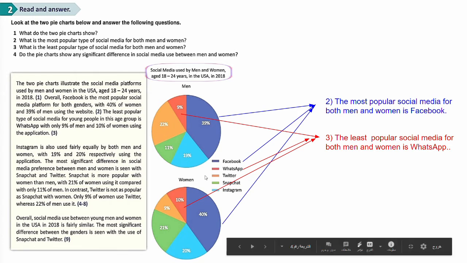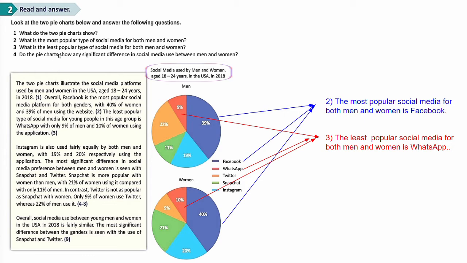That is, Twitter is more popular. So the least popular, which is the keyword here, social media for both men and women is WhatsApp.